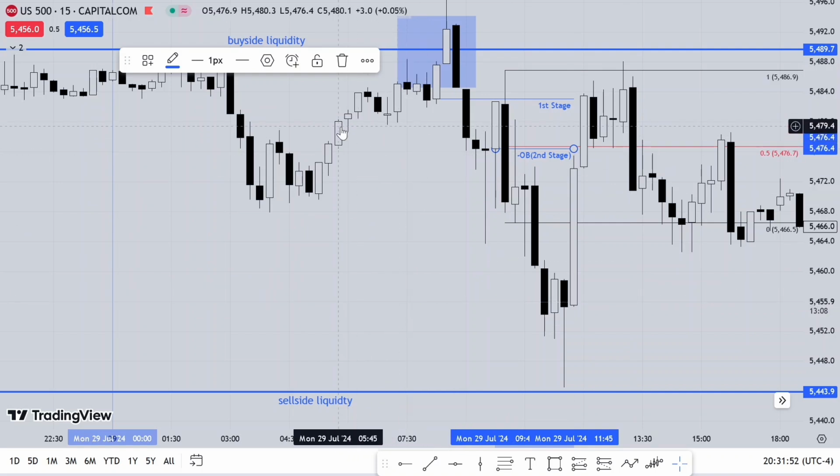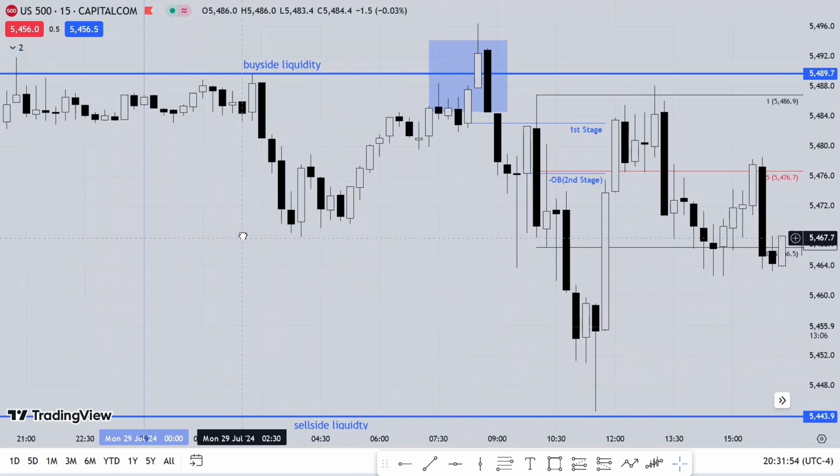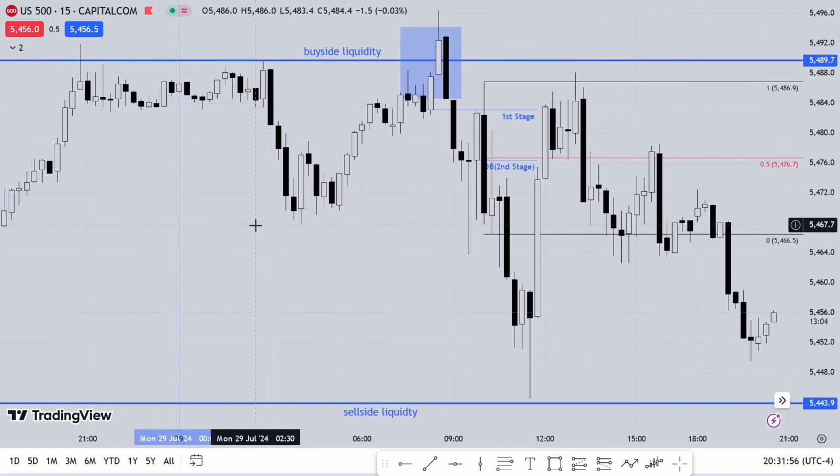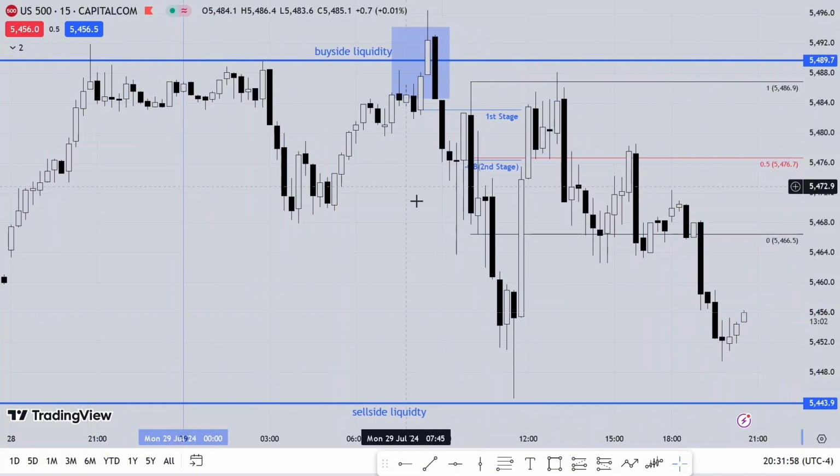So this second stage distribution is what you are interested in, and because you are looking for a second stage distribution from the higher time frame, when you drop down to the lower time frame, you are also anticipating and participating in the second stage distribution of a lower time frame fractal.